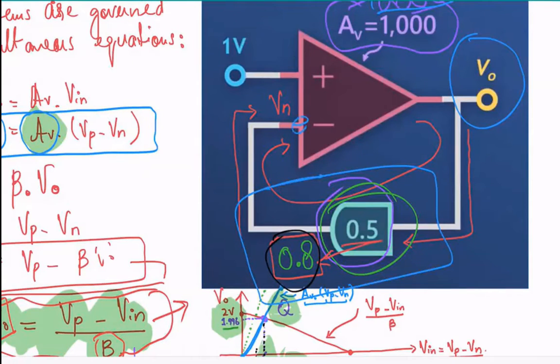with the help of this beta factor over here to get the voltage over here at the negative terminal equal to that of the positive terminal, because only when Vp and Vn are the same is when we get Vd equals 0, correct? Vd equals Vp minus Vn. So the two need to be equal so that Vd equals 0.